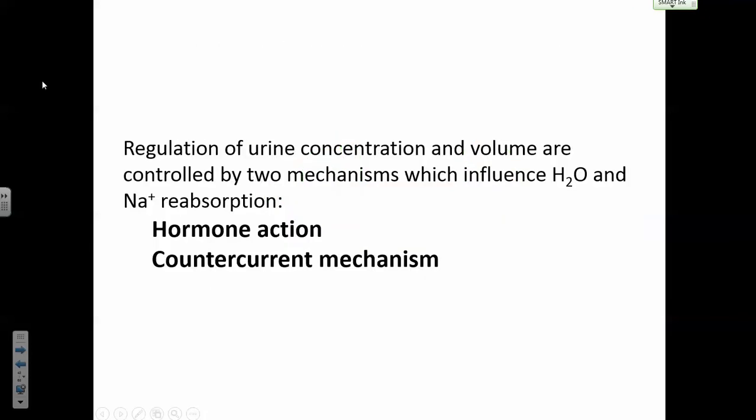Okay, now, the kidneys are the major organ that actually regulates how much water is in your urine compared to all the solutes, its concentration, and then the volume of it. And there are 2 big mechanisms that control that.